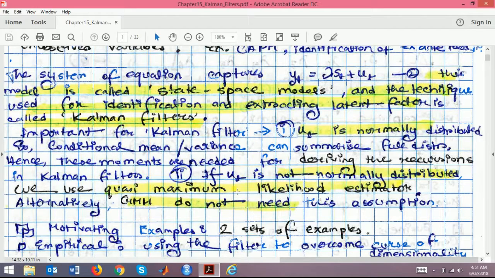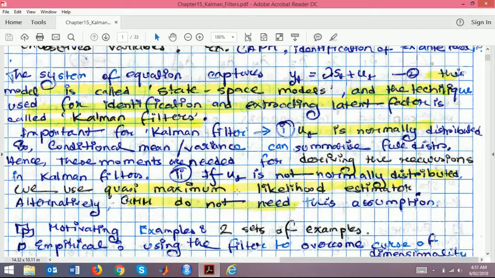Some important things to remember in Kalman filter is that the residual is normally distributed, so the conditional mean and the conditional variance can summarize the full distribution. Hence, we need these moments for the derivation of recursions in Kalman filters.